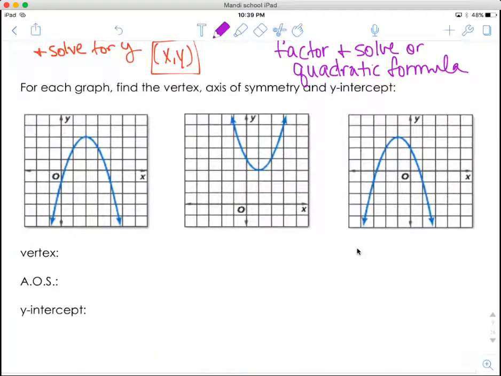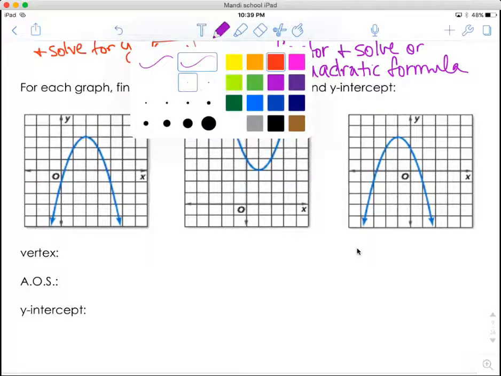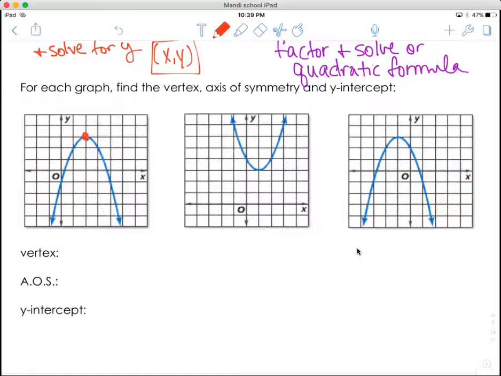For each of these, it says find the vertex, the axis of symmetry, and the y-intercept. So the vertex on this one is at 2 on the x, 3 on the y. The axis of symmetry crosses the x-axis at 2, so x equals 2. And the y-intercept, when x is 0, y is negative 1.